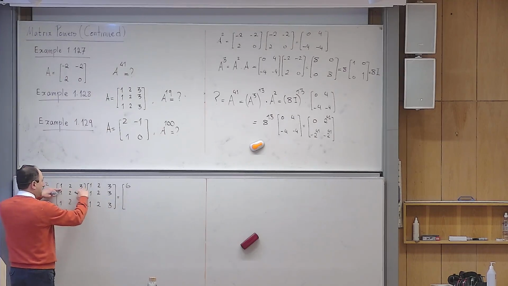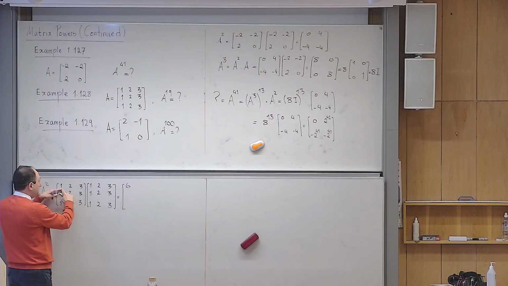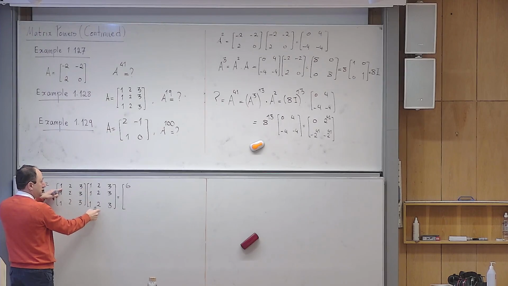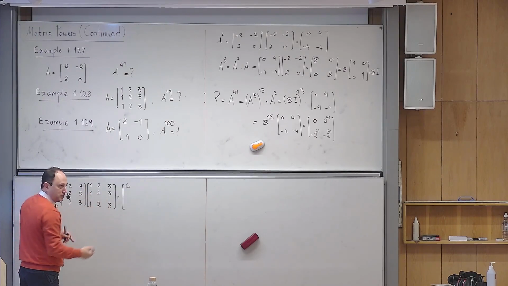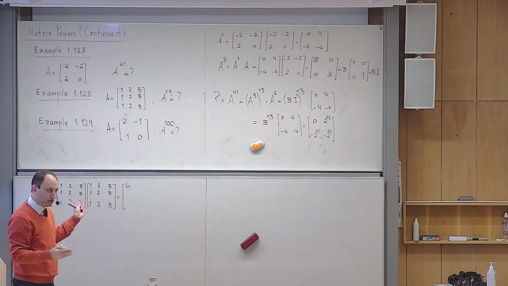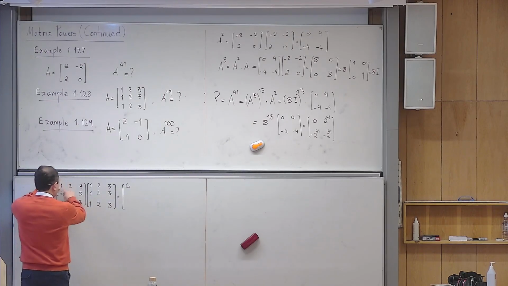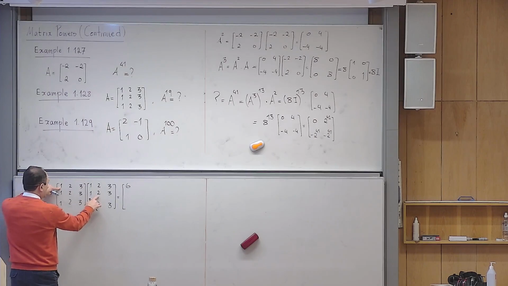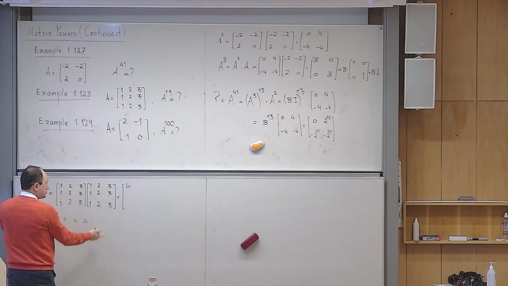This is 6. But I hope that you immediately see what's happening next. Because I will take the same row, but multiply it here. But every time 1 is multiplied by 2, 2 is multiplied by 2, 3 is multiplied by 2. In the previous case, every one of these numbers was being multiplied by 1, but this time every one of these numbers is being multiplied by 2. So it is clear when I add them, the result will be 2 times the previous one. You can check it. 1 times 2 is 2, 2 times 2 is 4, 3 times 2 is 6. If I add them, it becomes 12.